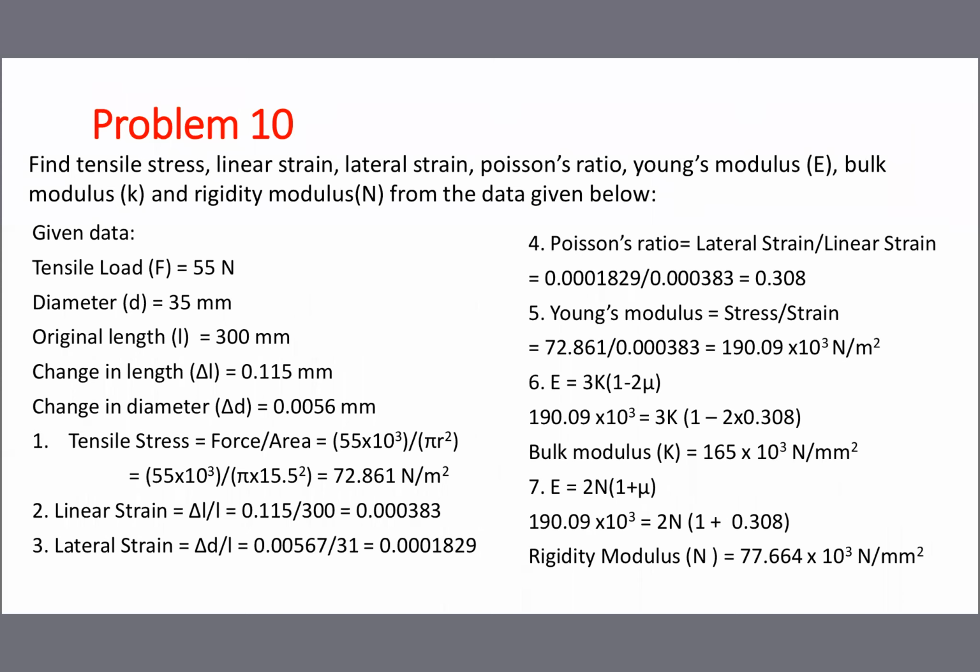The remaining formulas: find tensile stress, linear strain, lateral strain, Poisson's ratio, Young's modulus, bulk modulus, and rigidity modulus from the data given below. So this problem covers all the remaining formulas.